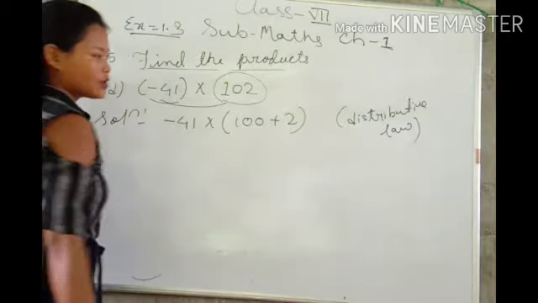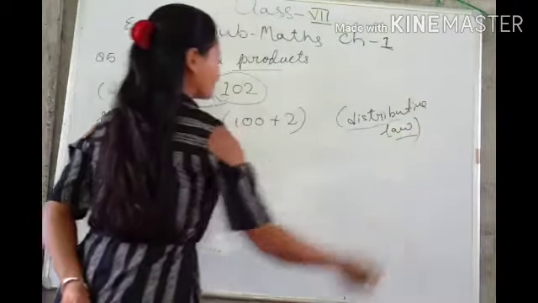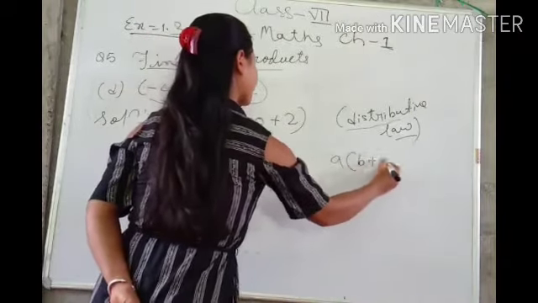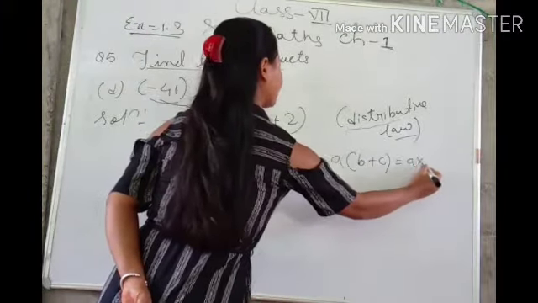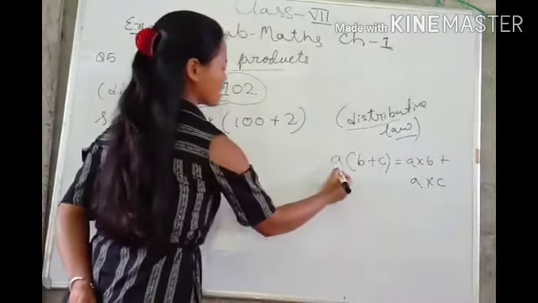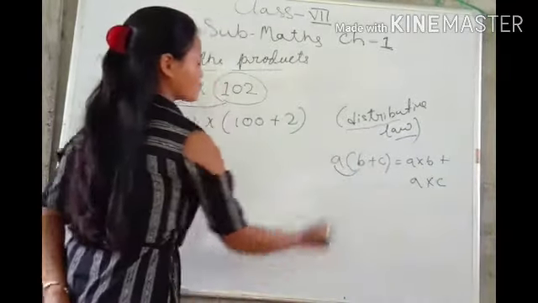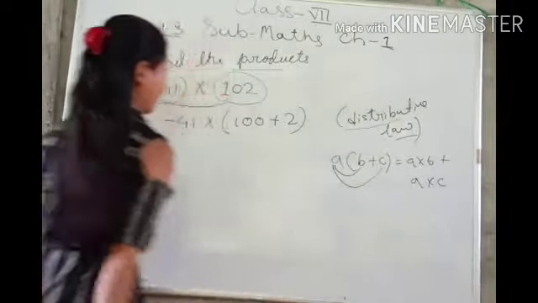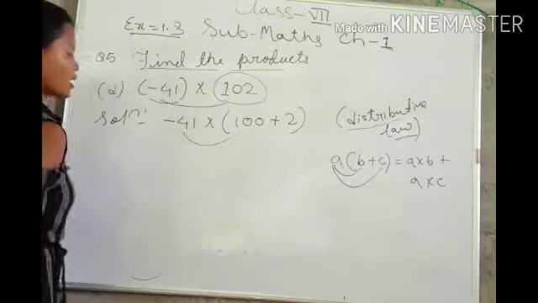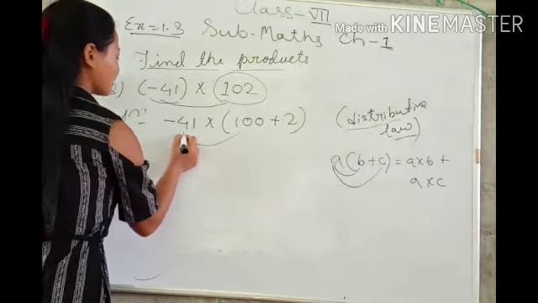This is called the distributive law: A into B plus C is equal to A into B plus A into C. That means you multiply A with B and A with C. In the same way, you will multiply minus 41 with 100 and minus 41 with 2.